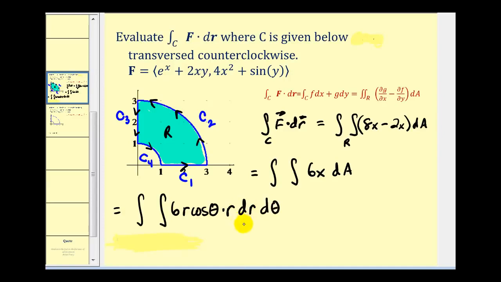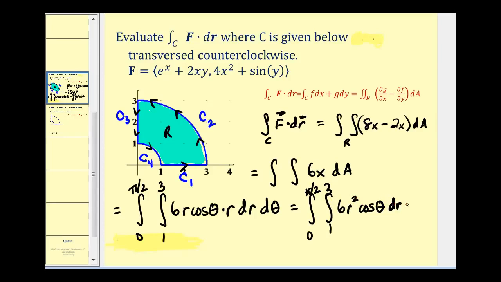So for limits of integration for r, it'd be from 1 to 3. And then for theta, since we're only in the first quadrant, it'd be from 0 to pi over 2. So we're going to have 6r squared cosine theta dr d theta. Let's go ahead and evaluate this on the next page.